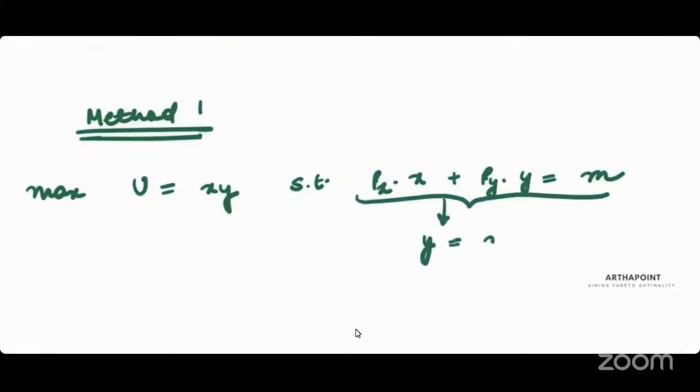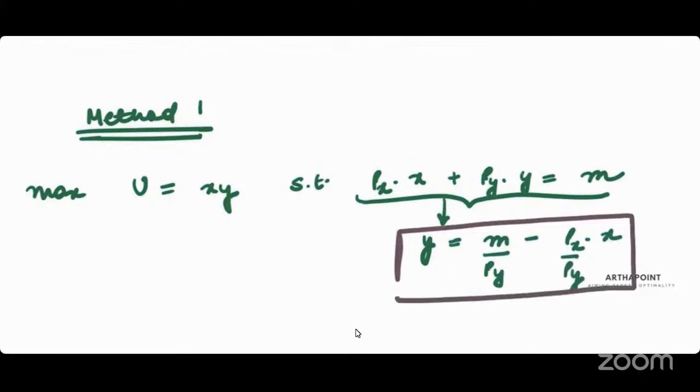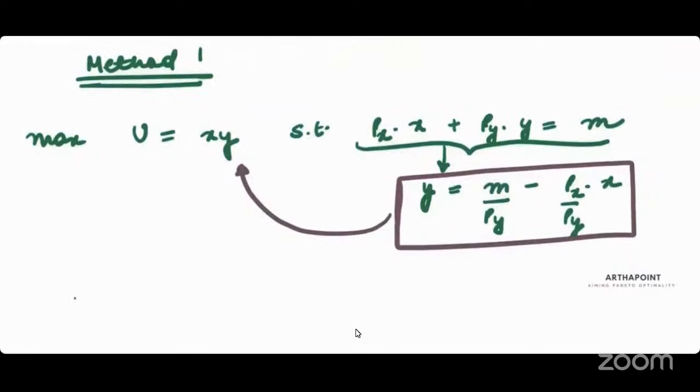So y will be m minus px into x by py. And after finding the value of y, you will substitute it in the utility function. So your utility function will become x, and instead of y, you will write m minus px into x by py.